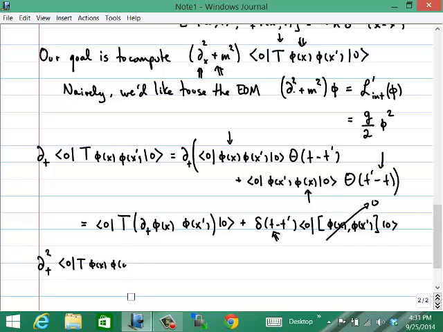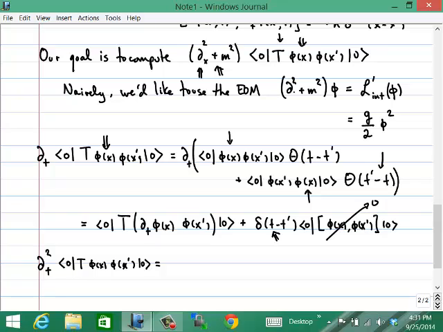Now life is going to get more interesting. So, of course, we just need to really imagine redoing this calculation, except instead of this phi of x here, we need to have the derivative of phi of x.